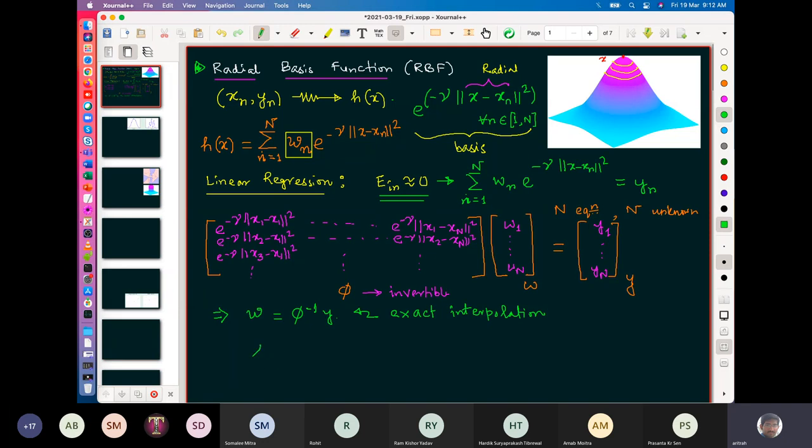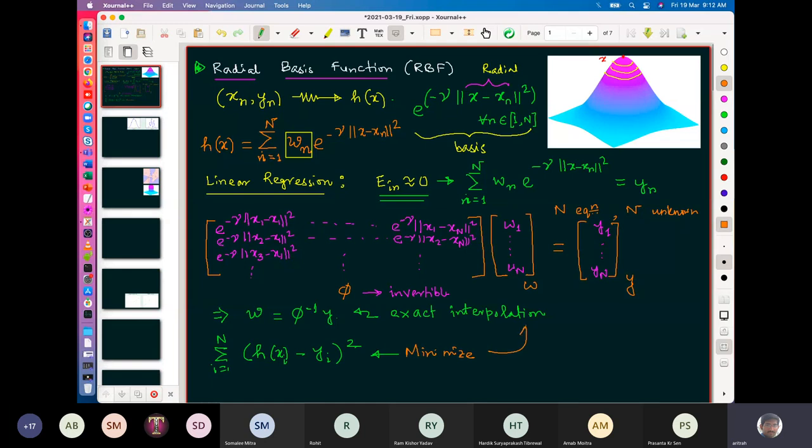So in order to restrict overfitting, for each of the i's, sum over i equal to 1 to n, I would like to minimize this, right? If you also try to minimize this, ultimately you have this function in w1 up to wn.